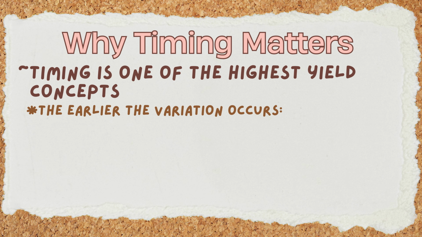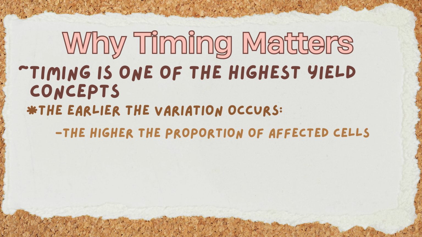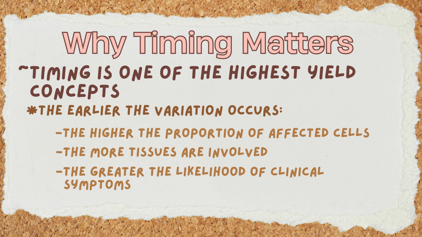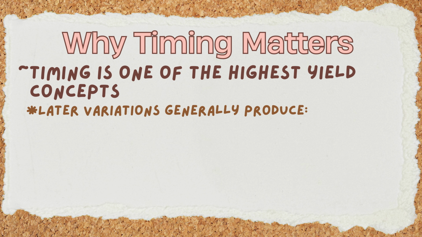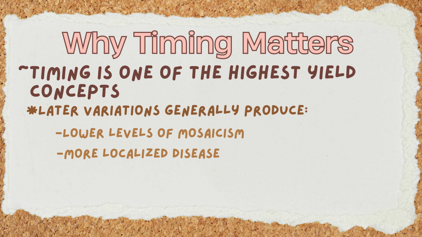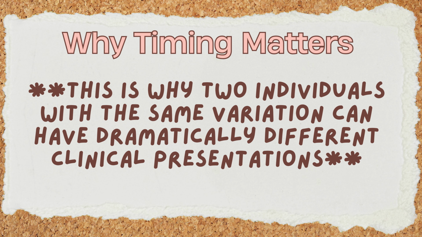The earlier the variation occurs, the higher the proportion of affected cells, the more tissues are involved, and the greater the likelihood of clinical symptoms. Later variations generally produce lower levels of mosaicism, more localized disease, and sometimes no symptoms at all. This is why two individuals with the same variation can have dramatically different clinical presentations.